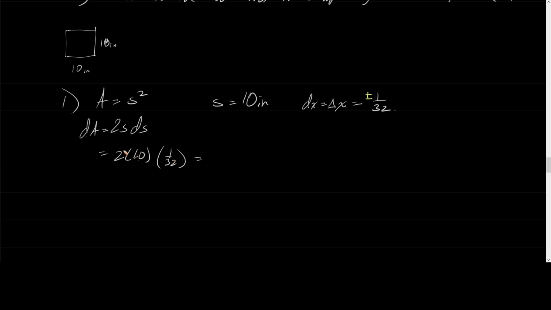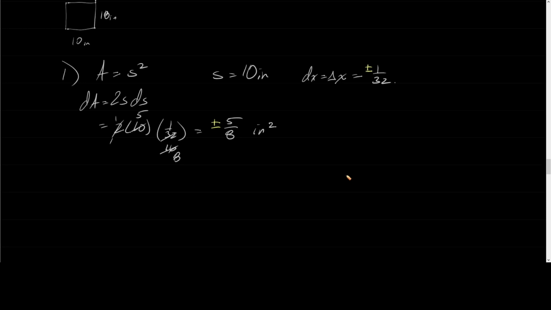The 2 becomes a 1, it reduces with 32, making it a 16. 10 is divisible by 2, it becomes a 5. 16 is divisible by 2, it becomes an 8. So I end up with overall 5/8. This is talking about the area, so it's square inches. So the measurement could be up to 5/8 square inches off, the area itself.